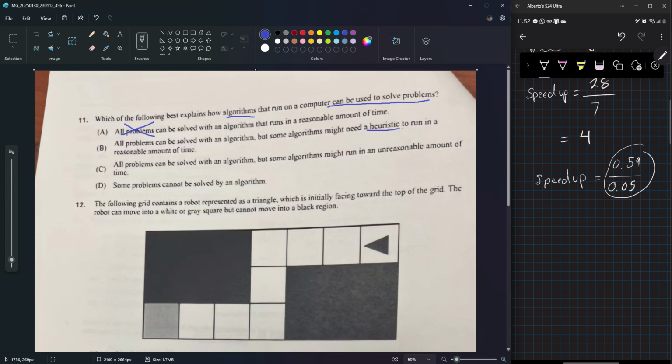So yes, some might need a heuristic, but that's not solving, right? So all problems cannot be solved. All problems can be solved by an algorithm. Again, that's wrong. But some algorithms might run in an unreasonable amount of time. There's some problems that cannot be solved by an algorithm. This one's correct. There are unsolvable problems.